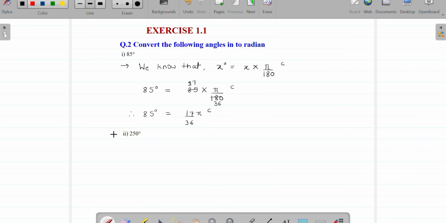Next, 250 degree. We know that x degree, which is equals to x into pi upon 180 radian.